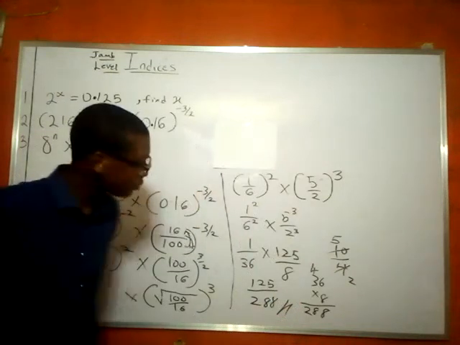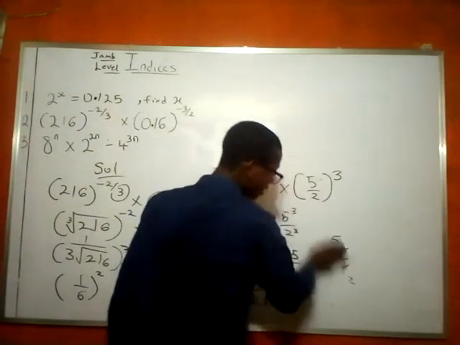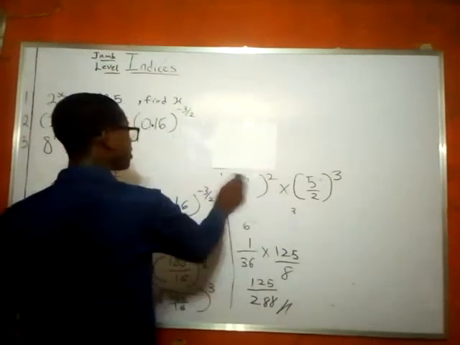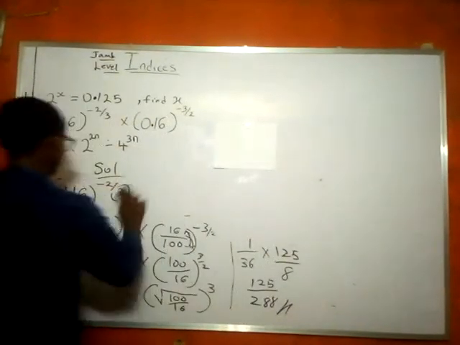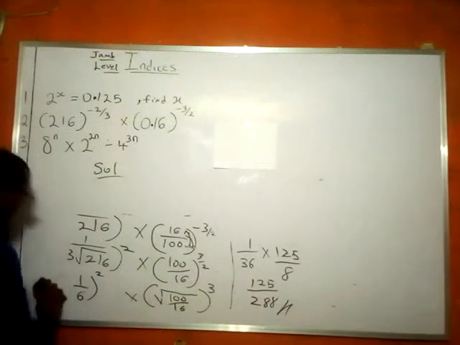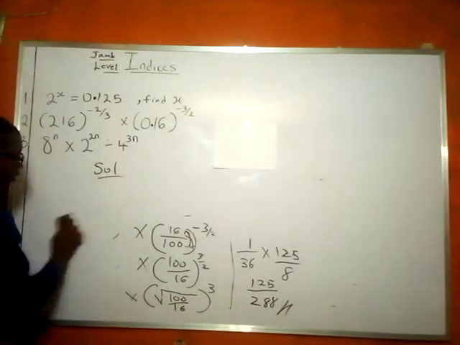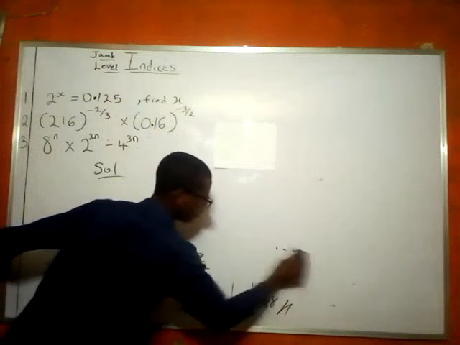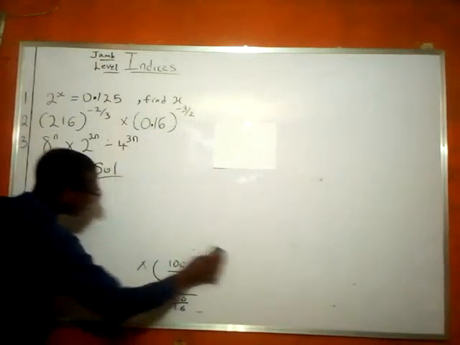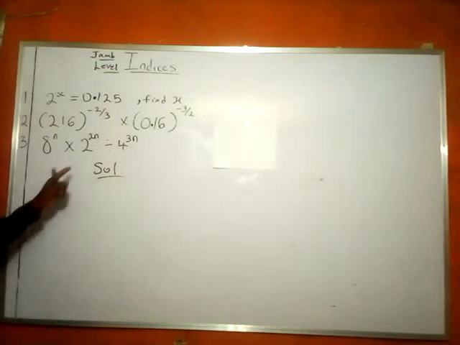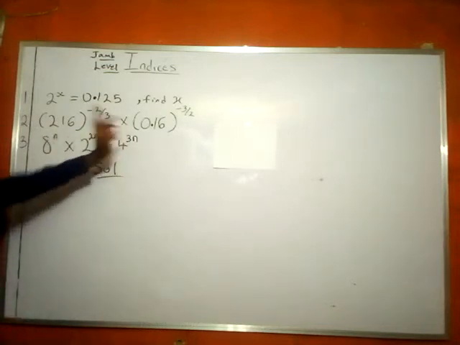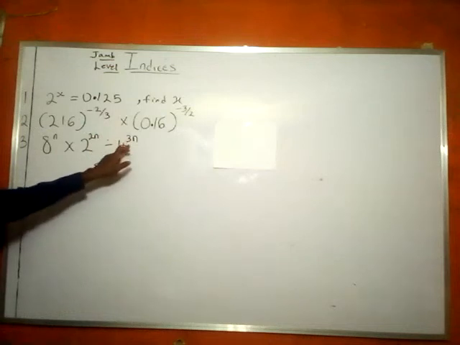So that is for that. Let us solve the third question. And the third question says 8 raised to power n multiplied by 2 raised to power 2n divided by 4 raised to power 3n.